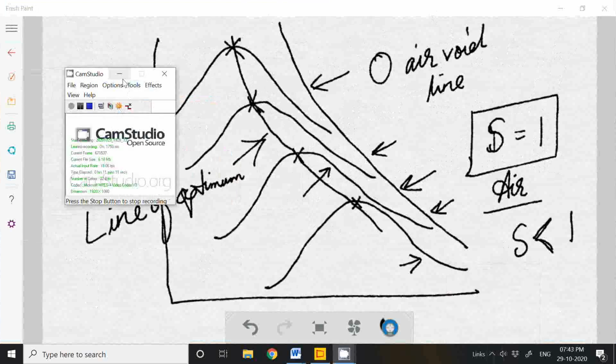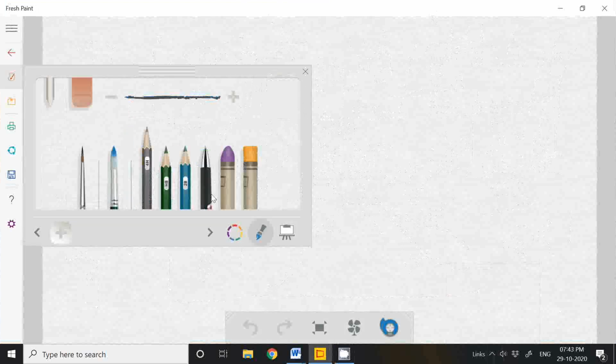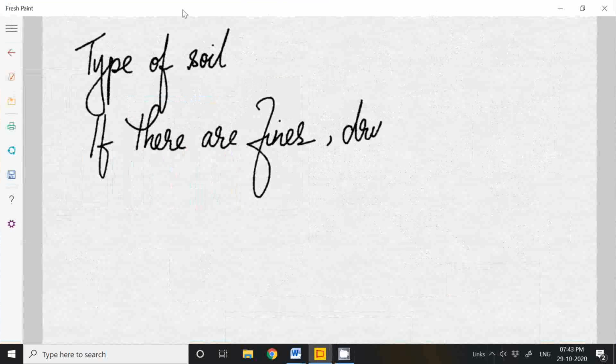Now let us discuss the effect of type of soil on compaction. The effect of type of soil on compaction is that if there are fines in the soil sample, then the dry unit weight will be more.